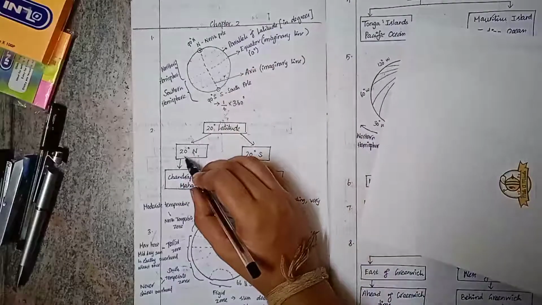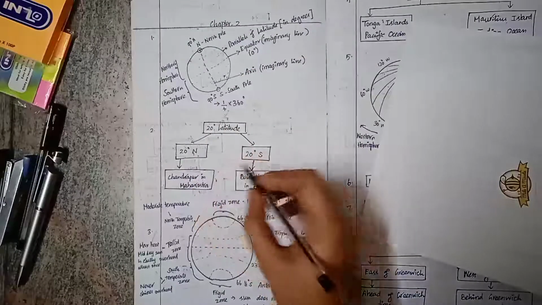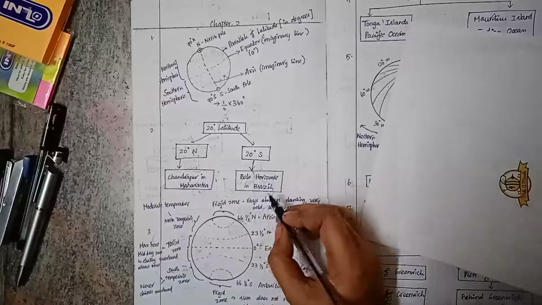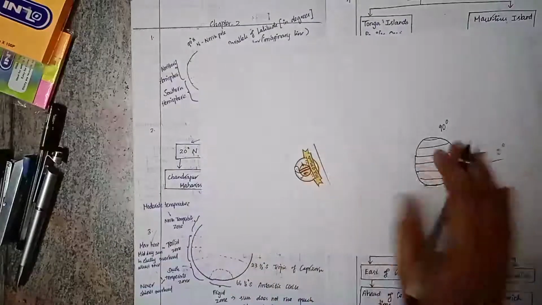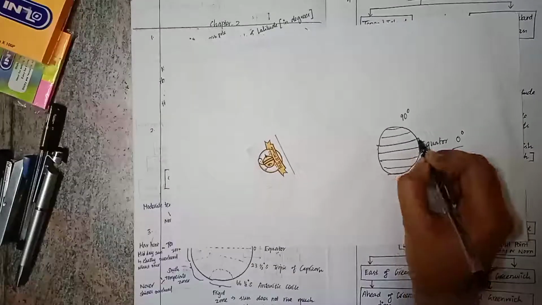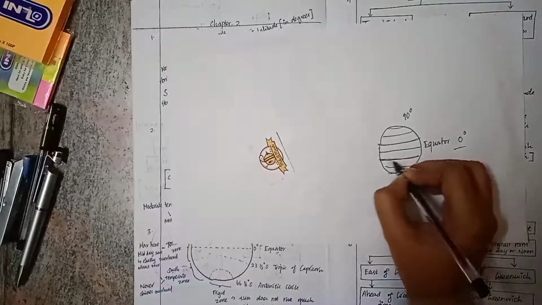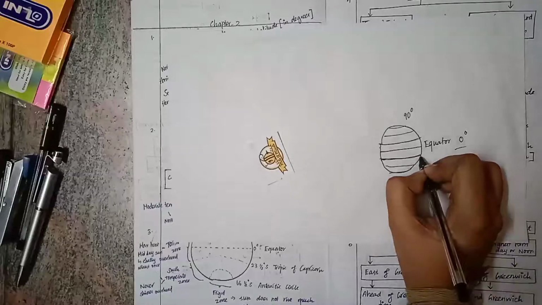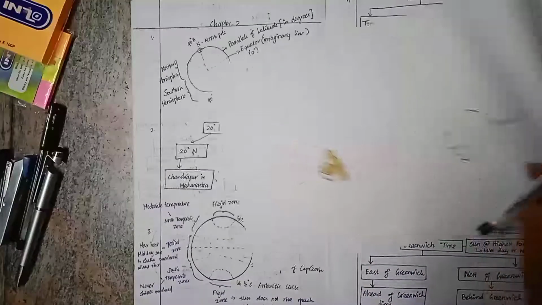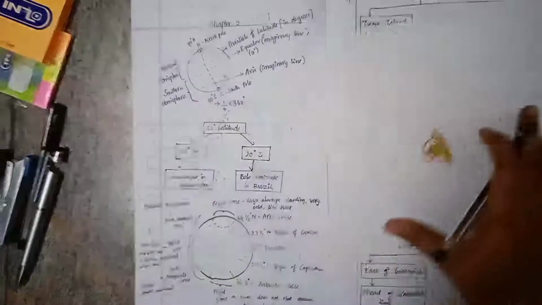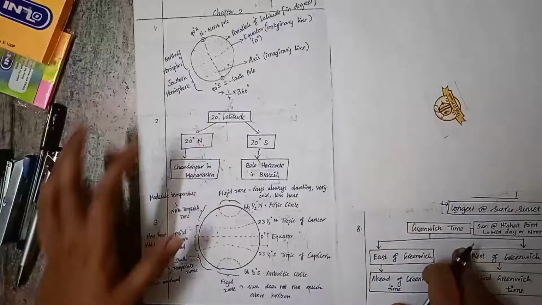At 20 degrees north we have Chandrapur in Maharashtra, whereas at 20 degrees south we have Belo Horizonte in Brazil. These are different positions, so we can't locate an exact position. We can say that this place lies on this line and that place lies on that line, but we can't say the exact point where it exists.